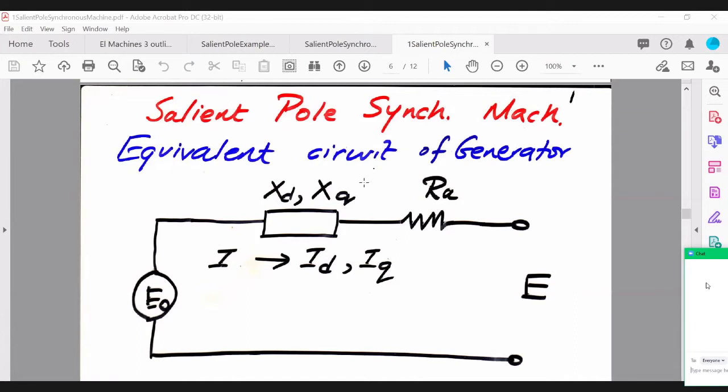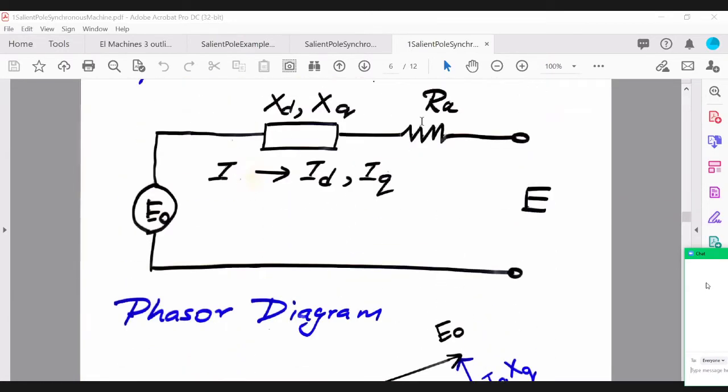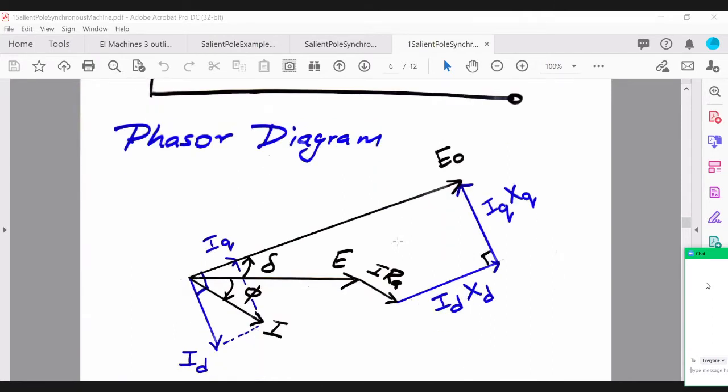Based on this equivalent circuit, we've shown how the phasor diagram is drawn for the salient pole generator.